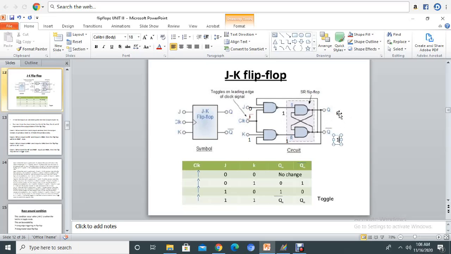Next I am assuming Q is equal to 1. I am applying the same input, J is equal to 0, K is equal to 1, and then applying clock pulse. Here you assume that Q is equal to 1.